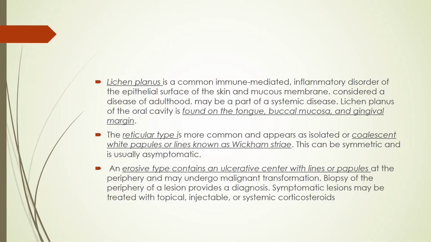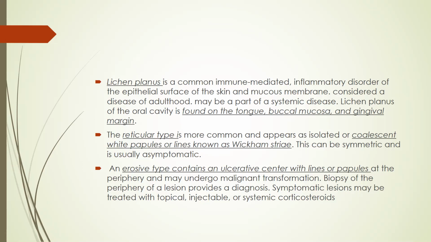So these have different features, and there is a differentiation between the planus and reticular type. The other one is the erosive type, which contains ulcerative centers with lines of papules at the periphery, and it has a tendency to undergo malignant transformation.